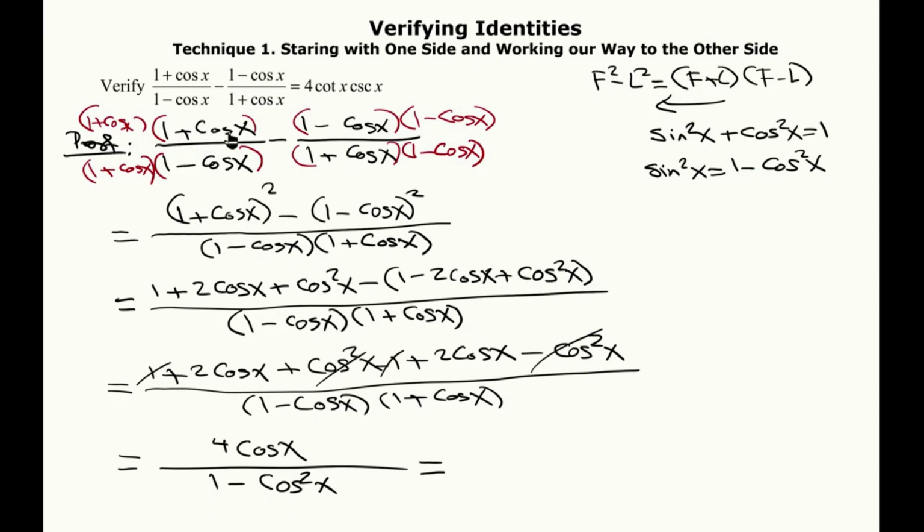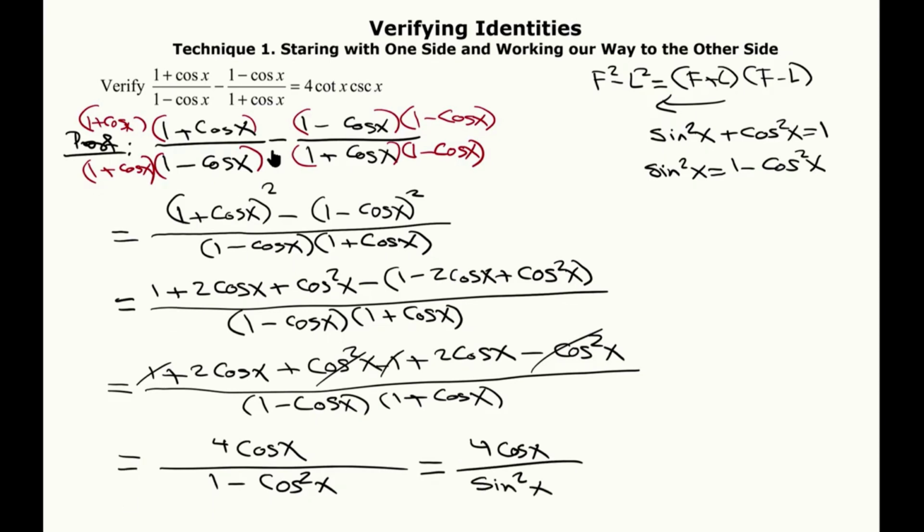And why do we want to do that? Because we notice where we're headed, and there better be only one term where we're headed. So as long as we have a plus or minus, we're not going to get there. So the first opportunity we get to get rid of that and make it one term, we're going to do that. So we get 4 cosine x over sine squared x.